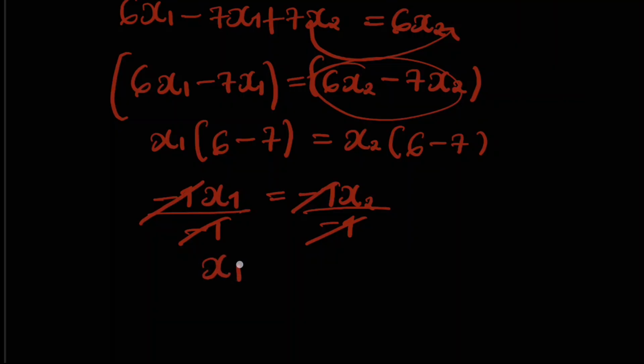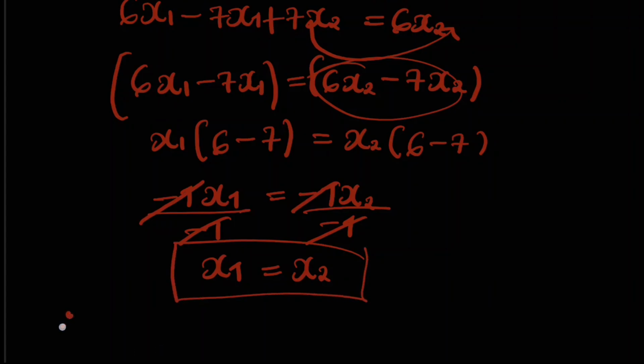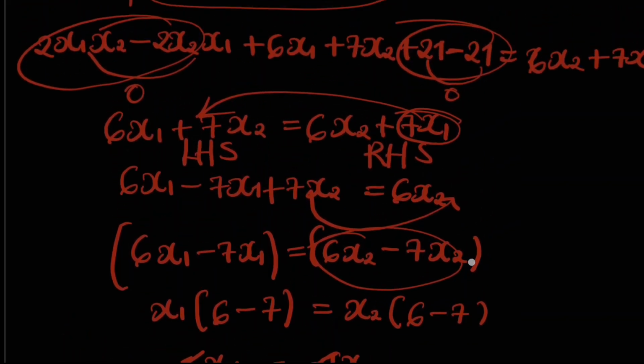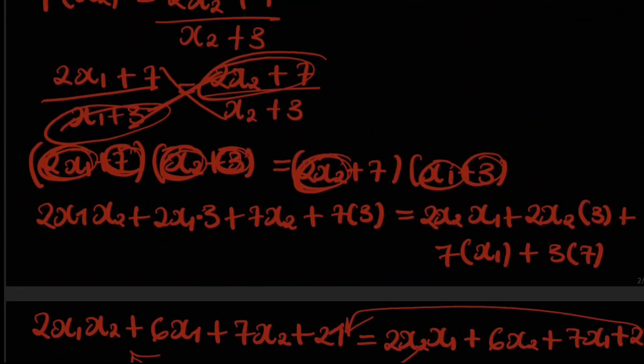So at the end we have x1 equal to x2. This is what we wanted. So from here we can say that the function f of x is injective. It is injective.